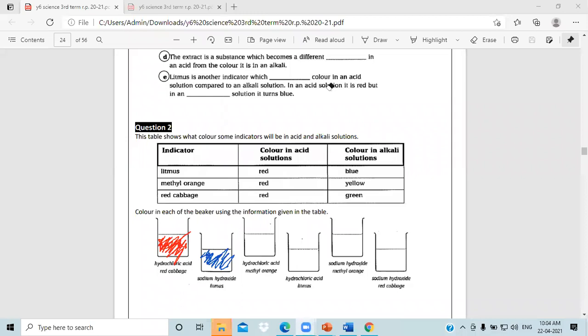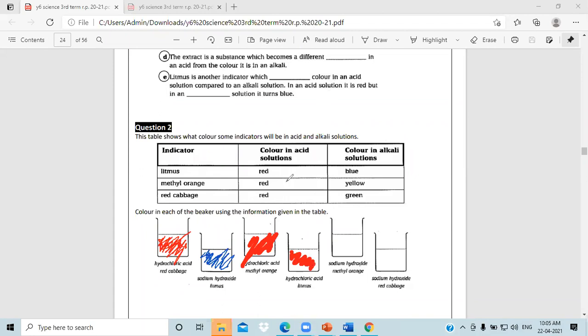Hydrochloric acid with methyl orange. Red. It will turn red. Very good. The next one, hydrochloric acid in litmus. Yes, Najat. Red. It will also turn red. Very good. Thank you, Najat.